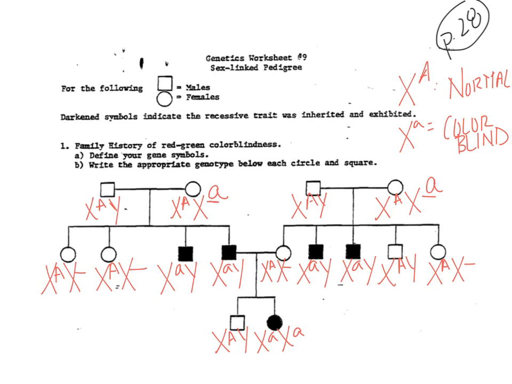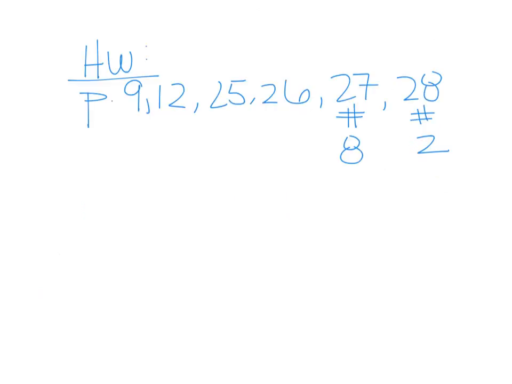For this individual, neither of her parents are shaded, but she does have a shaded daughter, so she must have a little a on the line. And last but not least, this individual over here, her parents are not shaded and she doesn't have any kids, so we don't know enough, so we leave it blank. And then you would be done.